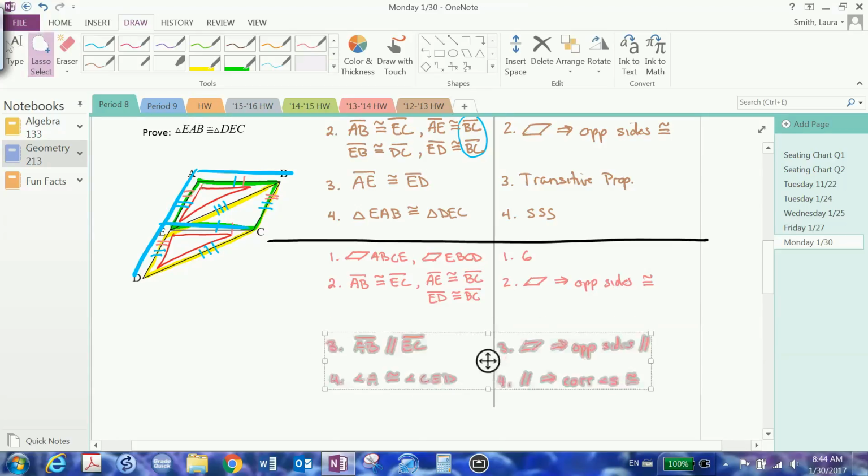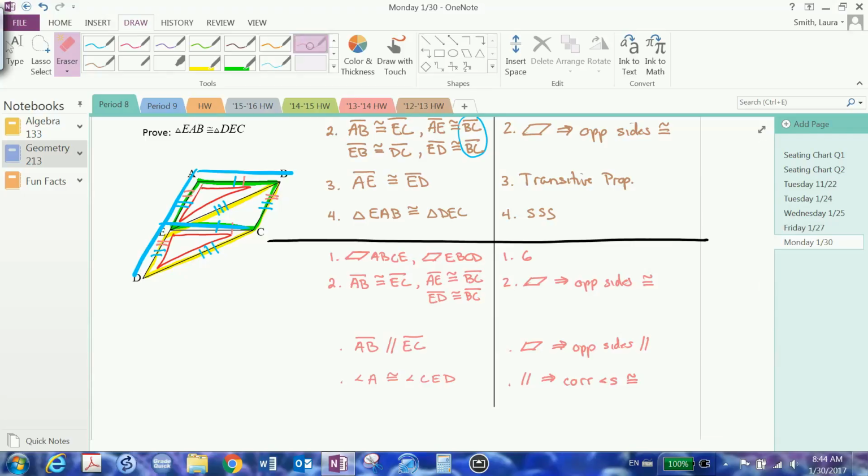Oh, sugar. I forgot my transitive. All right. Well, because I've got a computer, I can do this. I talked a lot about transitive, but it didn't actually do it.